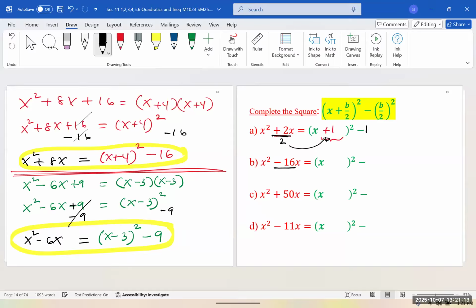Now for the next one, we have x squared minus 16x. So inside the parentheses, what do you write? x and minus 8, good. And outside, what do you write? 64. So half goes inside, the square goes outside.